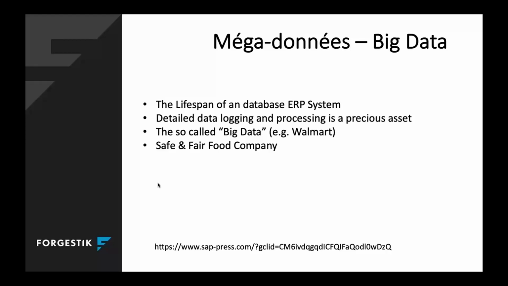And obviously, these people are pretty good at what they do. That's because they don't let the data sit there. They know what to reorder. They know how to manage the warehouses, etc., based on all this detailed logging of data, right?